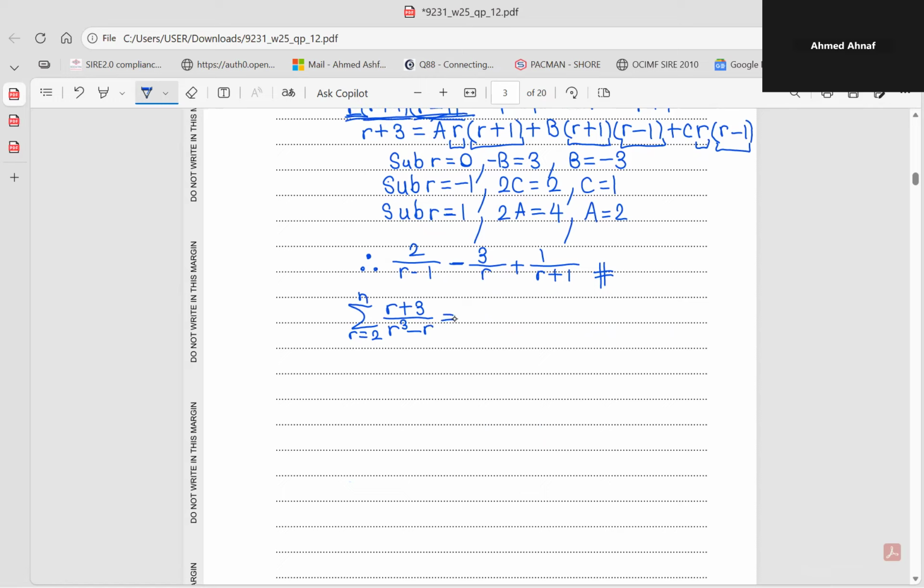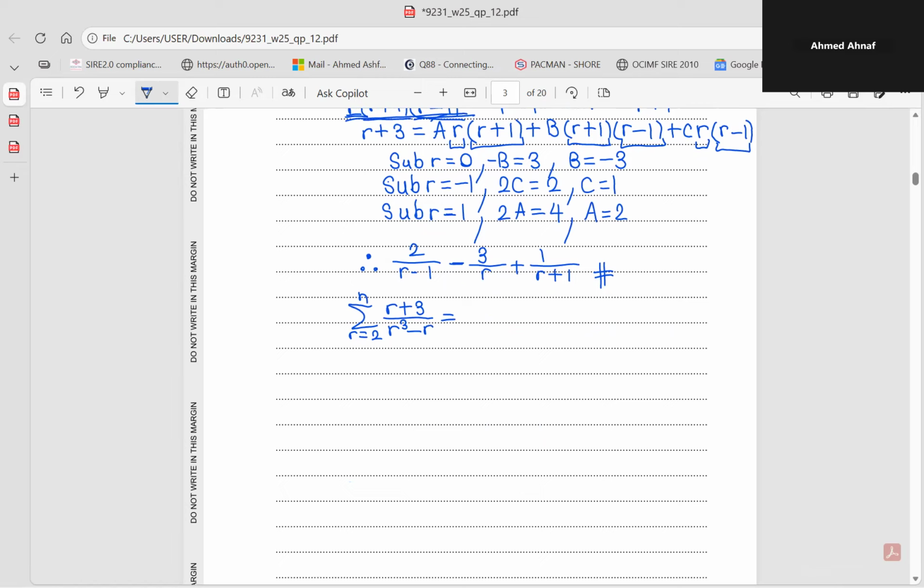Okay, so to use the method of differences, you have to use the decomposed form, the partial fractions form, and you just substitute the value of r, r equals 2, r equals 3, all the way to n.